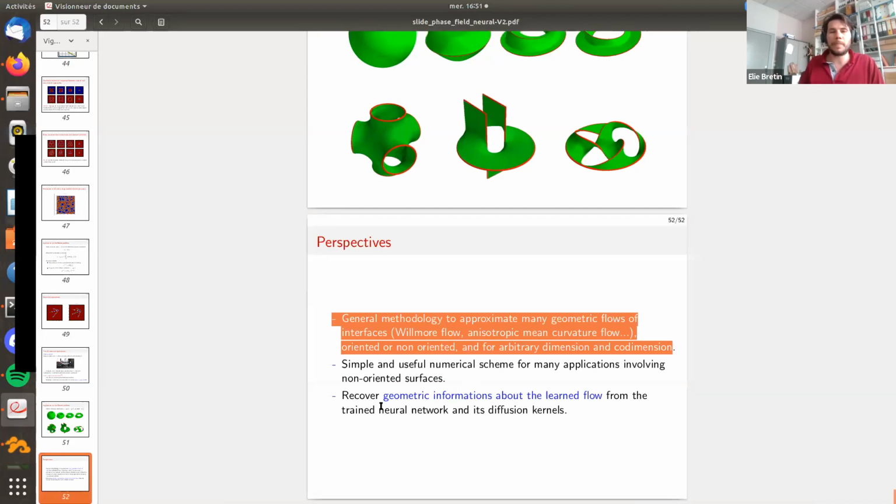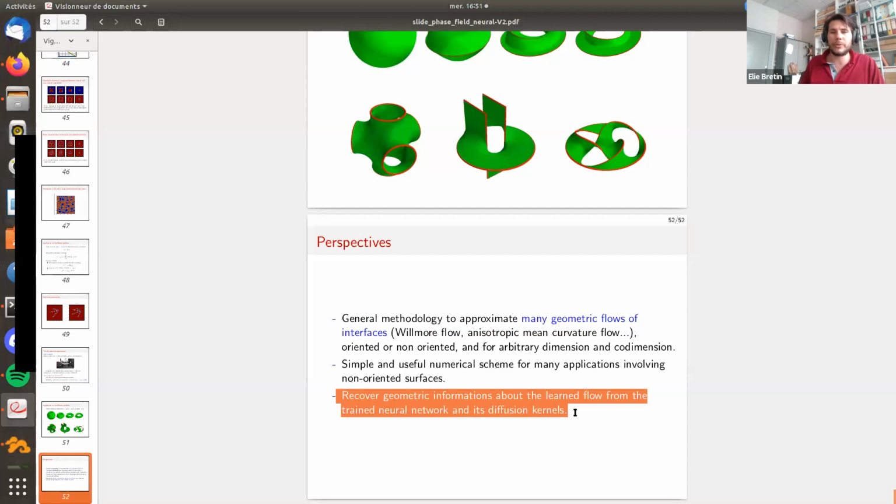And finally, the interest of also having a very simple neural network is that we expect to succeed to recover geometric information about the neural network. And typically, if I consider the first order neural network, and I consider an evolution of anisotropic mean curvature flow, we have the first result.